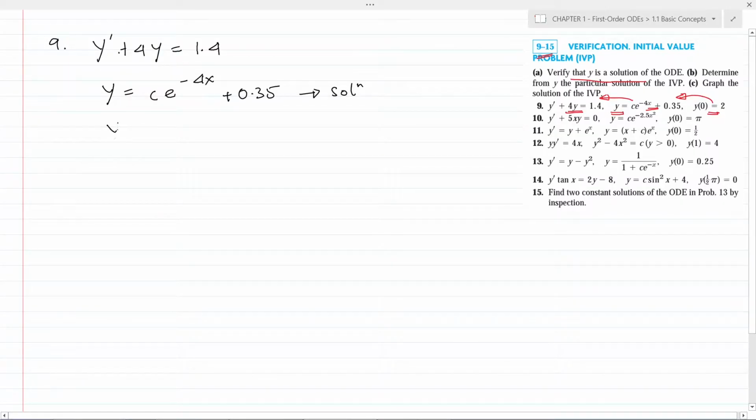We can take the first derivative of the solution and we get c multiplied by -4 e^(-4x), and now we substitute this into the original equation.